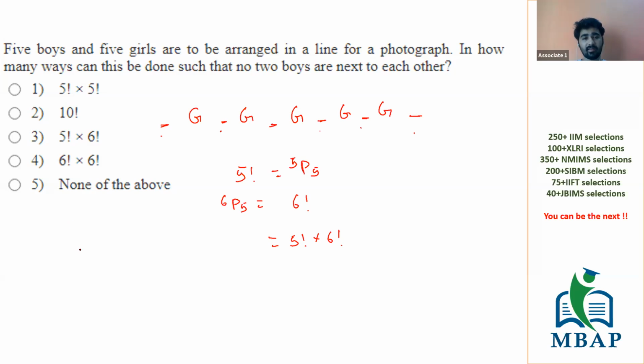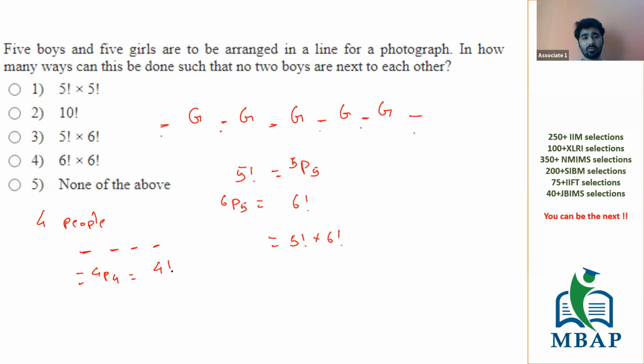Okay. I'll explain what happens when an arrangement has to be done. Suppose 4 people are there and you have 4 spaces 1, 2, 3, 4. First, selection is always there, and then you have to arrange. So this can be done in 4P4 ways. You just need to apply the formula.